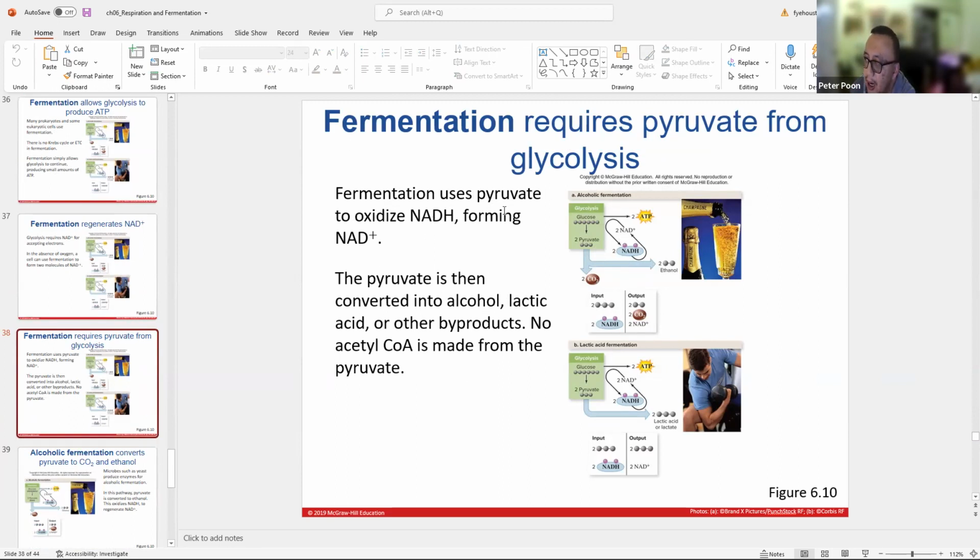We oxidize pyruvate. We drop the electrons back onto pyruvate, and then the pyruvate is converted to either lactic acid or indirectly to alcohol. Yeast make alcohol, and in humans, we make lactic acid.